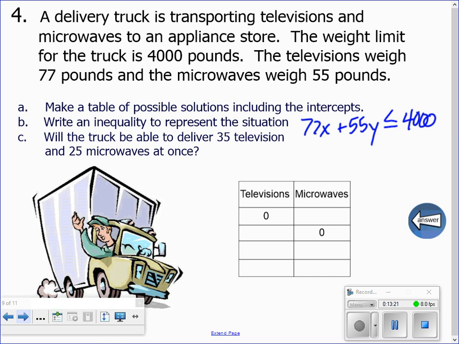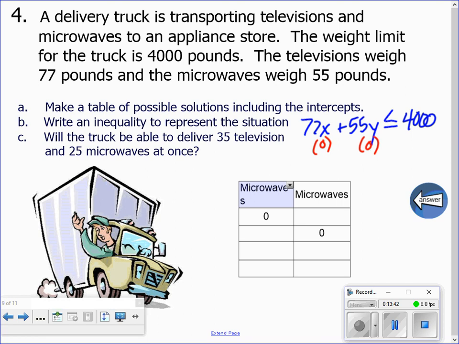And so again, you would use your intercepts here to find the values. You would make x 0 to find the y-intercept. You would make y 0 to find the x-intercept. And in that process, you would be able to answer questions.